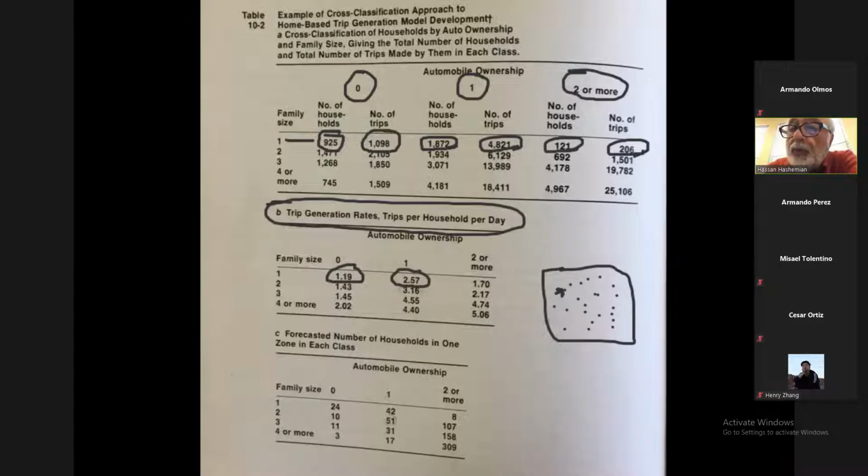But if you have two or more car, you make 1.17 trips. Why you make less trip if you have two or more cars? Do you guys get my question?